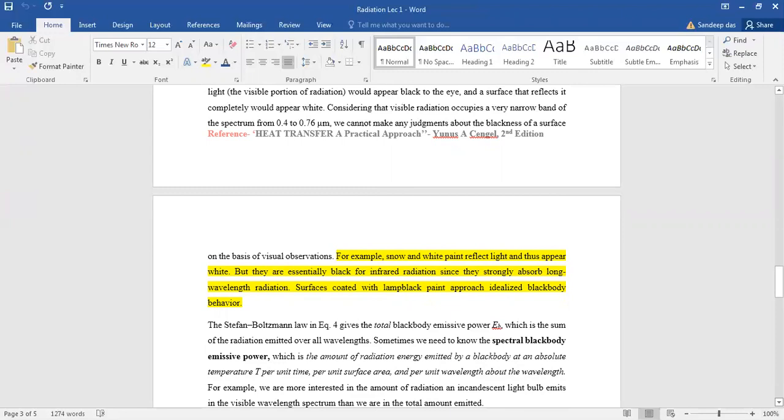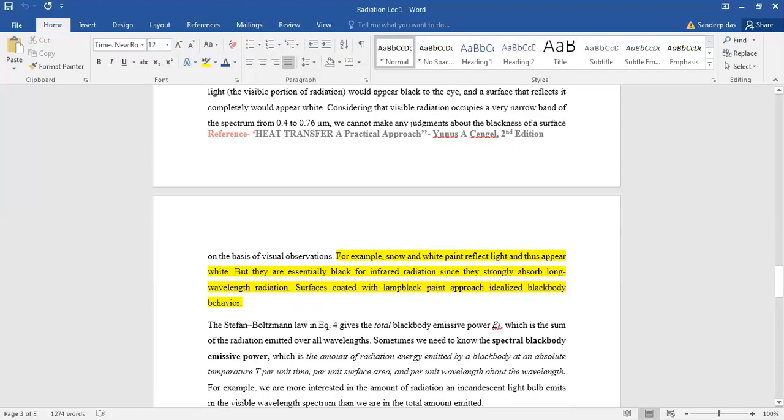If we want a body which can emit radiation to the max, then we will need a lamp black approach. We will need a surface which is painted by lamp black. On the other hand, if we need a surface which is a good absorber, then we can have snow or a white paint reflector on any surface.